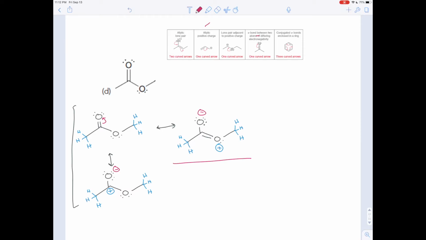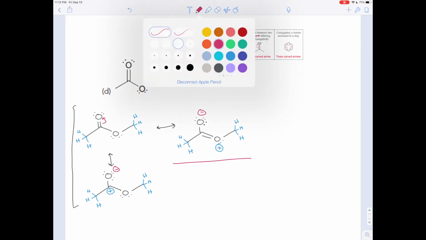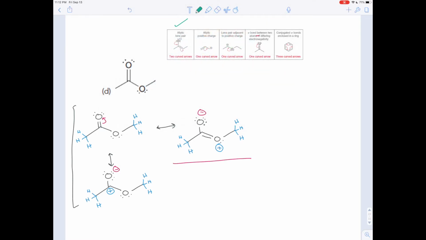The thing is, though, if you do the pattern for that, then you end up with the same molecule you started with. So that pattern is there. You do have an allylic lone pair in that structure. So we do have that, but we've already drawn the result of that pattern, so we don't have to draw anything for it.